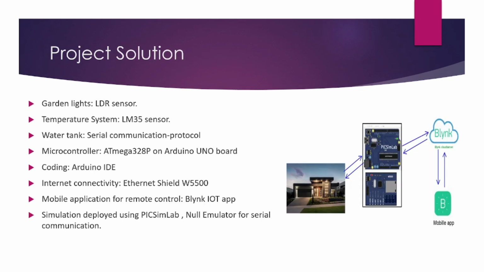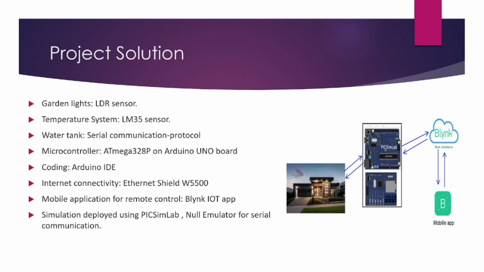Now, project solution. We have used some sensors, controllers and software applications to develop the project. We have used an LDR sensor, which is nothing but a brightness detector, and an LM35 sensor, which will detect the temperature. We have used a water tank to show how to fill the water through serial communication protocol.